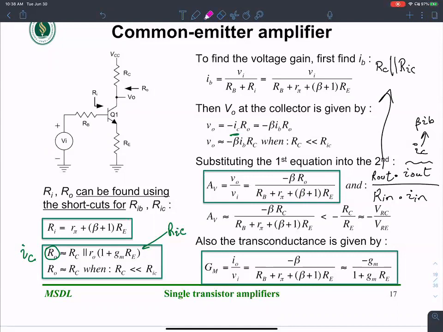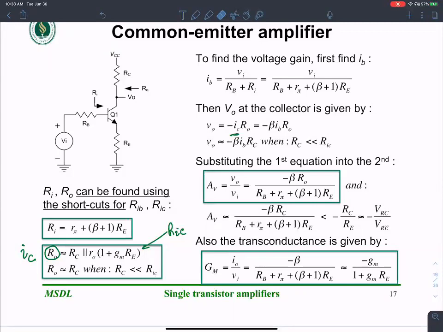So here is, yes. I have a question. When we calculate R out in the formula, we take into account RC, which is the external resistance in the collector node.